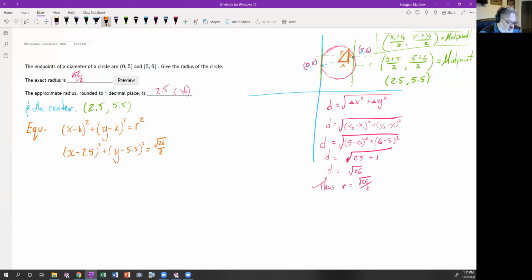It's one of the good reasons not to turn that into a decimal approximation, because that's just 26/4 when you square it, right? So that's just nice. And I suppose we could turn that into 13 halves. And we have an equation for our circle in standard form.